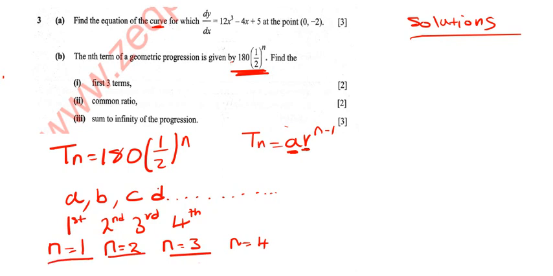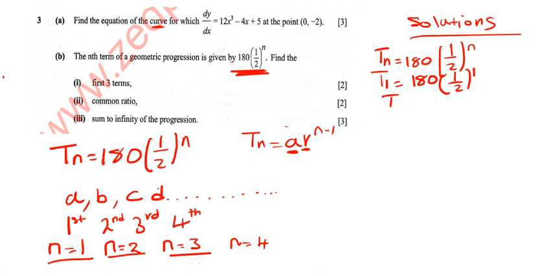As for finding the first term, we say Tn is given by 180 open bracket 1 over 2 to the power n, so for our first term, n is equal to 1. You say 180 open bracket 1 over 2 close bracket to the power 1.